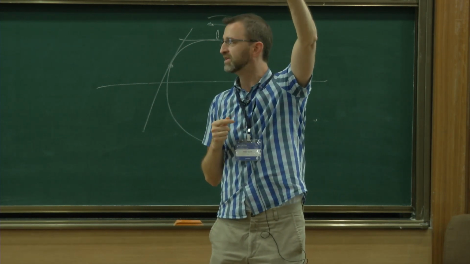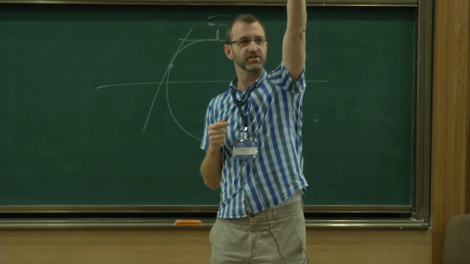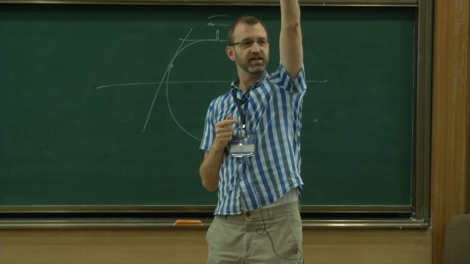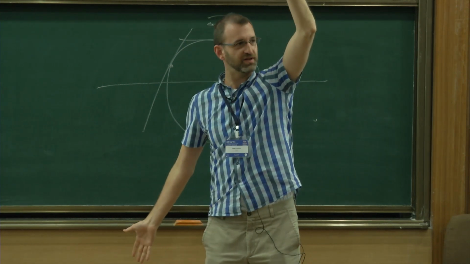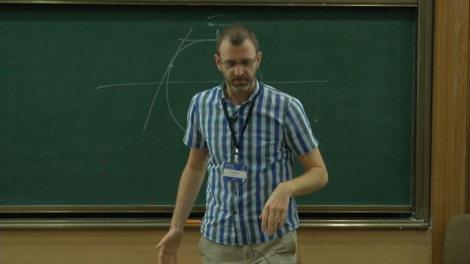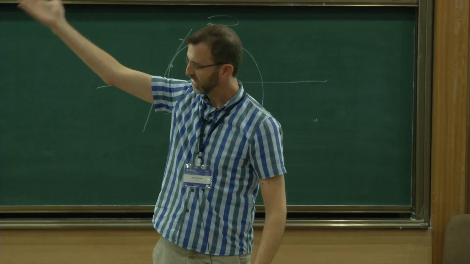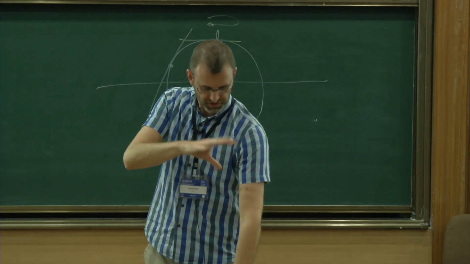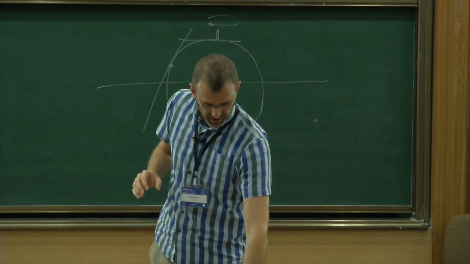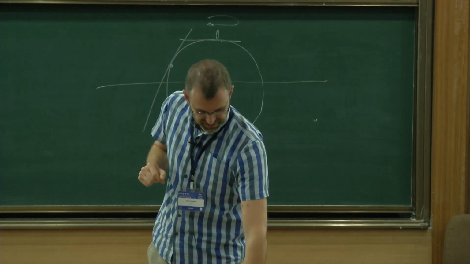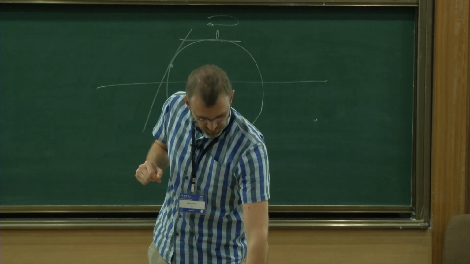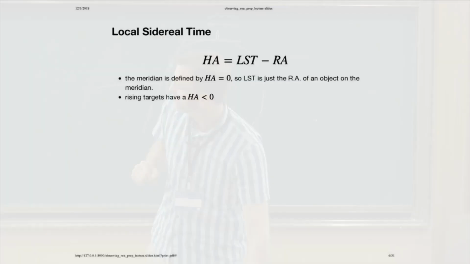So if we're all looking at some quasar off in the distance, maybe that's right over our heads in India, but that's not observable at the same time if you're in the United States. So the hour angle is going to be quite different. And of course, the relationship between hour angle and where you are on the Earth is dictated by your longitude.